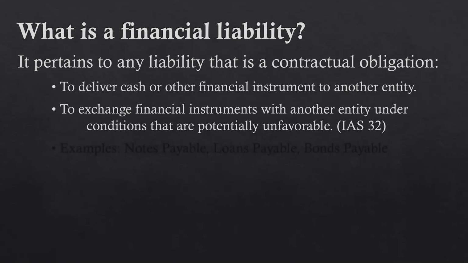Like, for instance, in the possession of one asset, for it to be obtained, something was given out. The unfavorable part there is that something was released by the business.